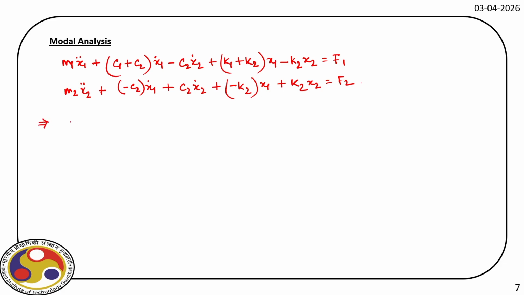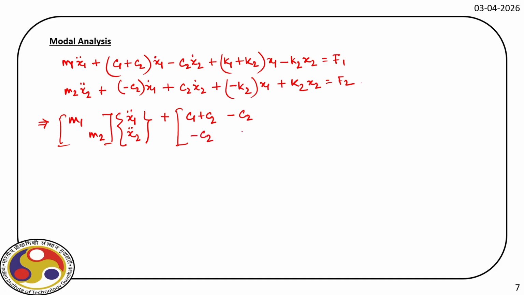So if we write in a matrix form, we have M1, M2, times X1 double dot, X2 double dot, plus C1 plus C2, minus C2, minus C2, C2, times X1 dot, X2 dot, plus K1 plus K2, minus K2, minus K2, and then K2.